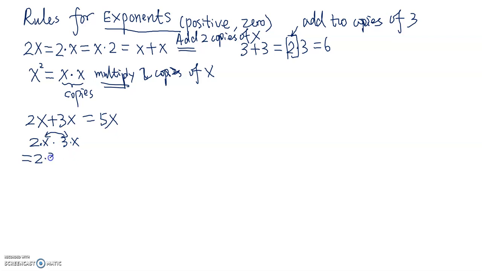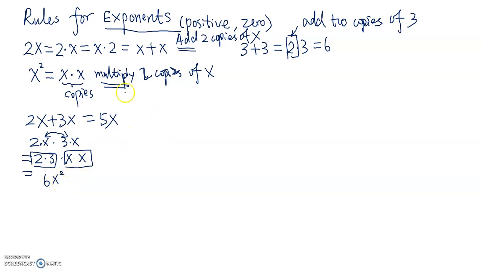So we can put the 2 and the 3 together, and the x and the x together. Because we cannot multiply 2 and x, but we can multiply 2 and 3. That's 6 and x times x. When we multiply 2 copies of x, we can use a short notation for that, which is to raise the 2. So we get x squared.